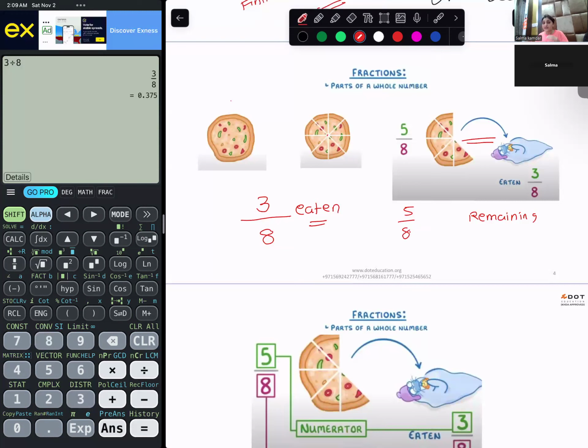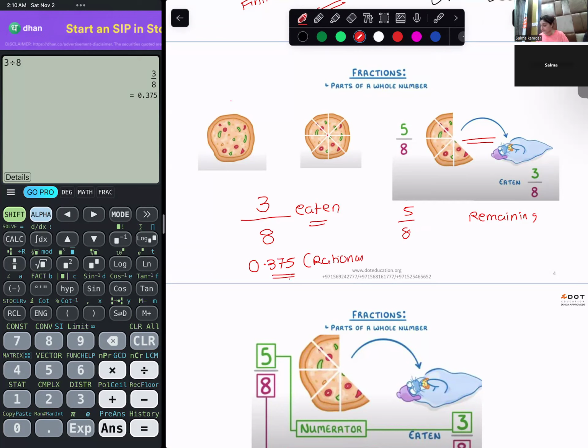Now, this is a fraction of two whole numbers. If you divide 3 by 8, you're going to get 0.375, which is a rational number because these decimals are terminating, they are ending somewhere.